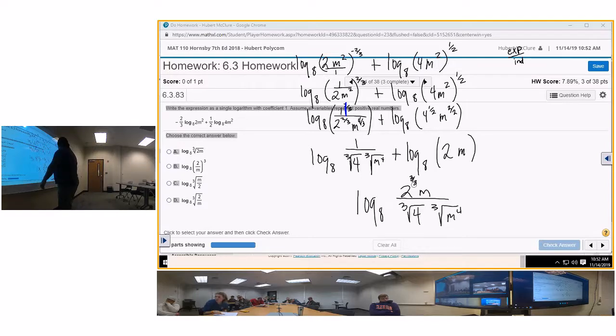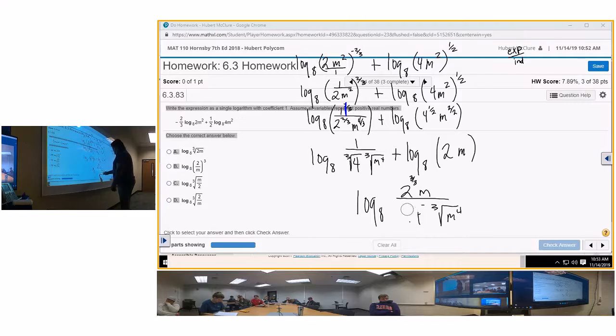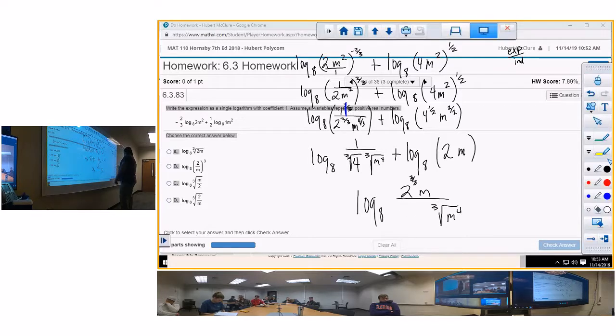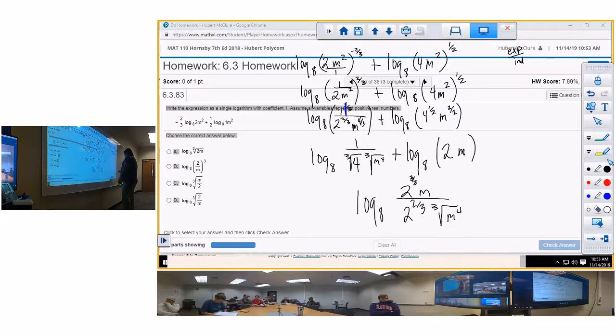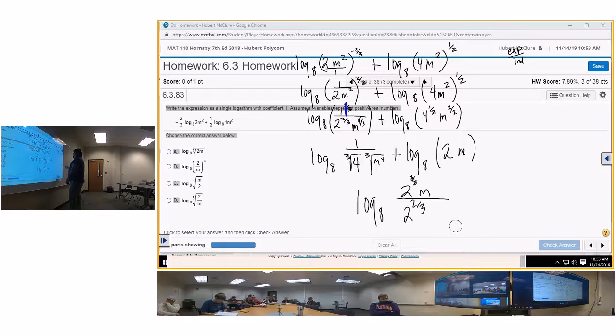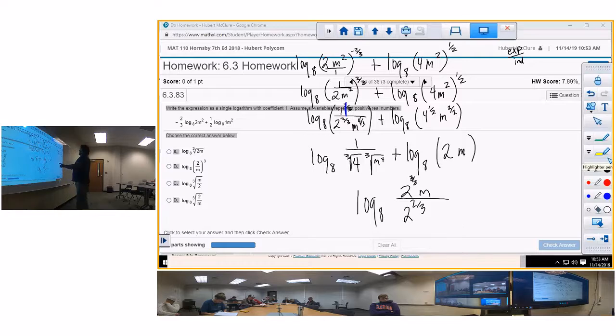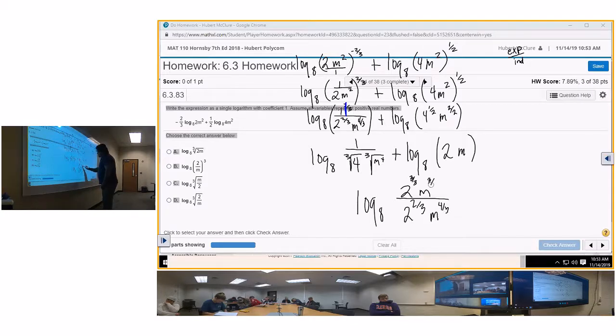So let me change that back to 2 to the 2/3, because I need the same. I shouldn't have changed them to a radical that soon. m to the what, 4/3? Was it 4/3? Yeah. m to the exponent over index, yeah, 4/3. So that's m to the 4/3, so that would be 3/3.